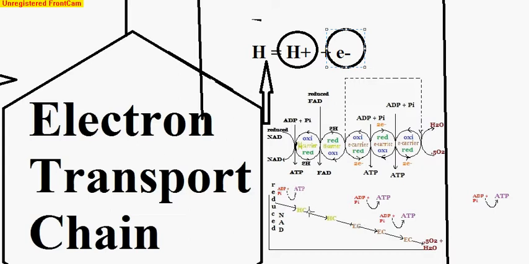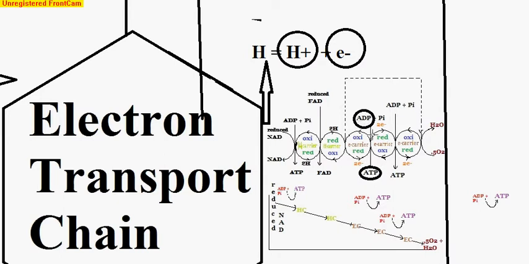They move to a lower potential energy. So where does the potential energy that they lose go? The answer is it goes to form ATP from ADP. We know that if we break down ATP to ADP, we get energy. And if we want to make ADP become ATP, we need energy.